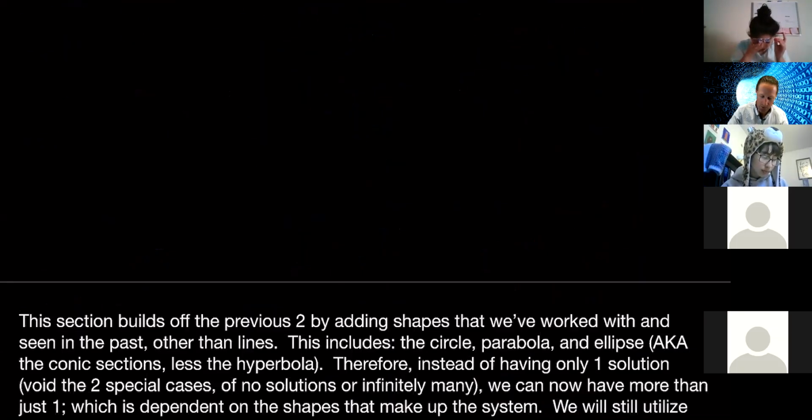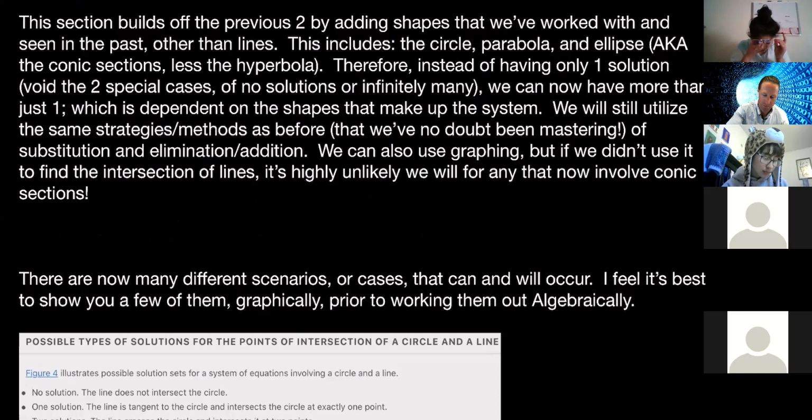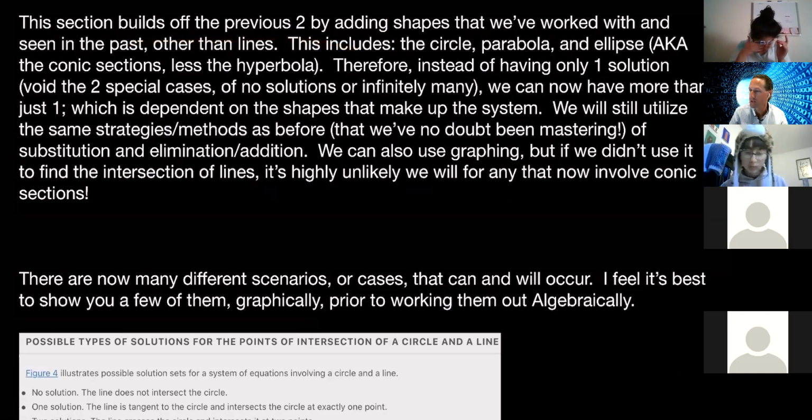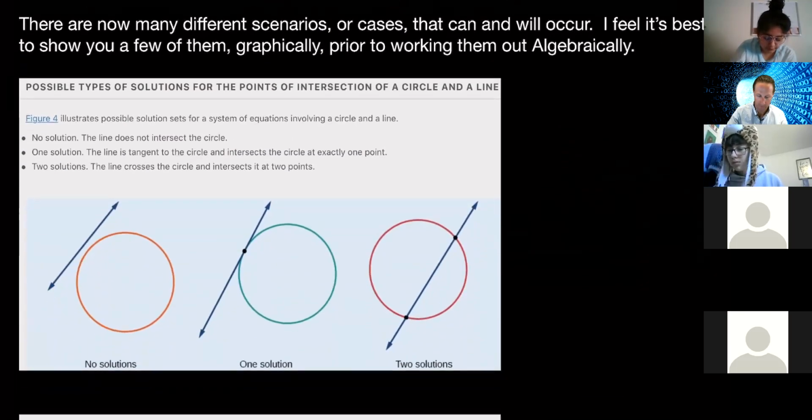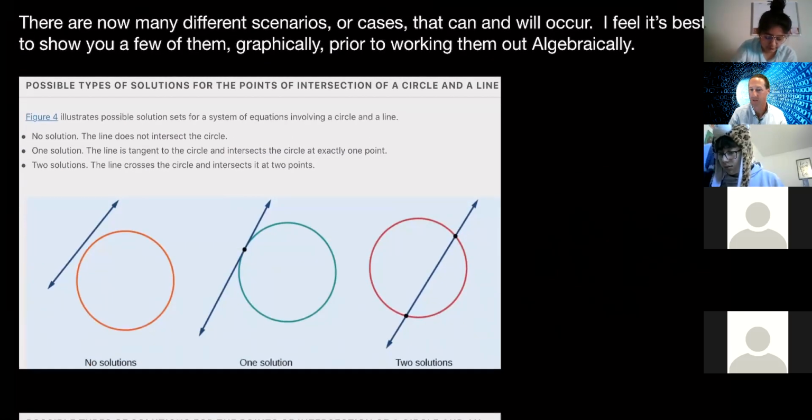All right, so we're just building off of the previous two sections, the systems of equations with 2 and 3. And again, if you want to read this back on your own, feel free. But here are the options that we could see. Just a few examples, okay?